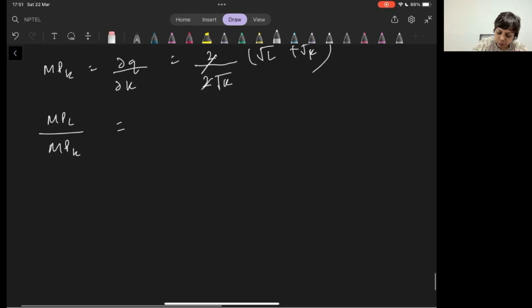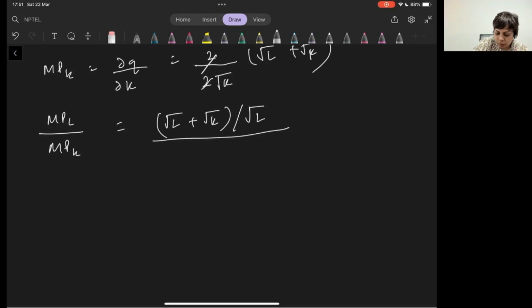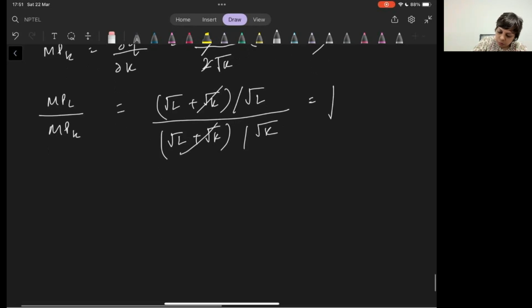This is root L plus root K upon root L, oh, I'm sorry, root L. And this is root L plus root K upon root K. So this gets cancelled. You get root K upon root L.